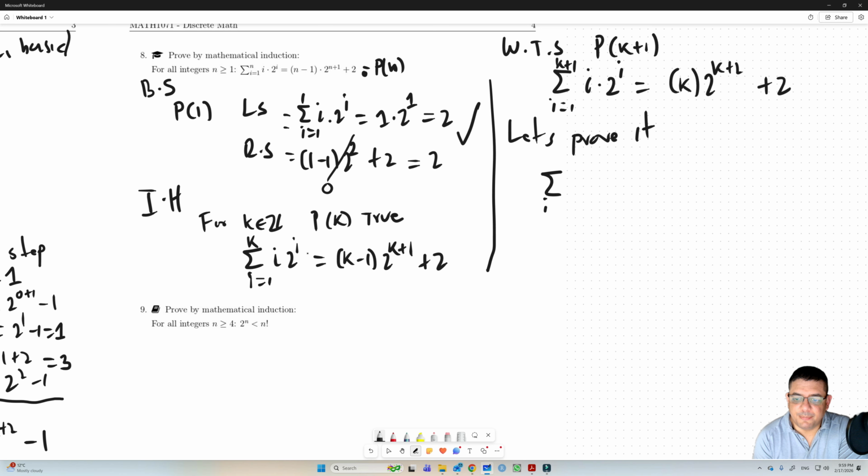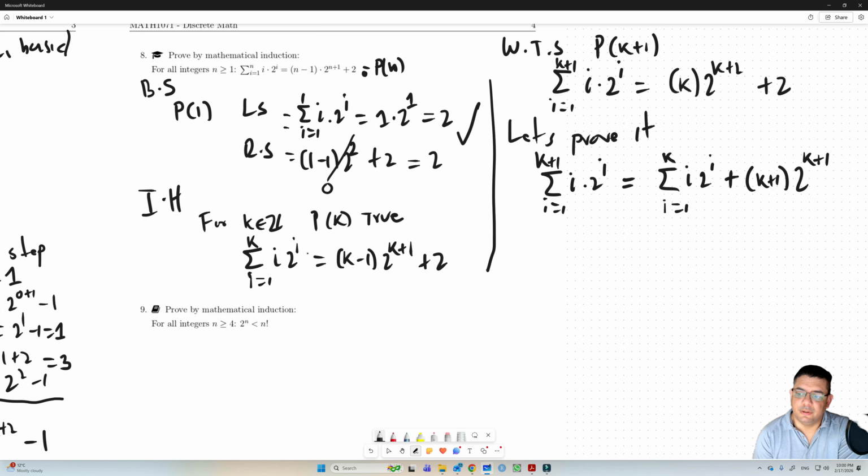So we have the sum of i equals 1 to K plus 1 of i 2 to the i. And I can see this as the sum up to K plus the term K plus 1, so K plus 1 times 2 to the K plus 1.